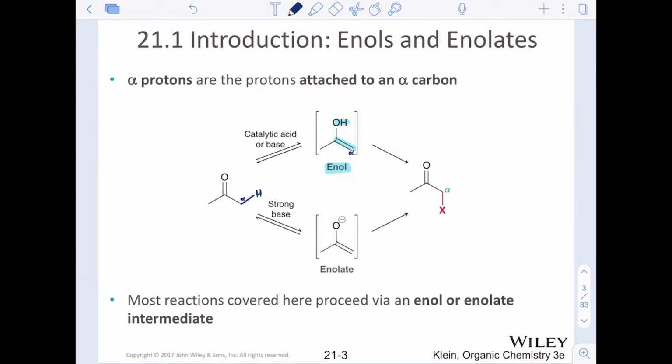If we use a strong base though, we actually can get a deprotonation of the alpha carbon, which creates an enolate. Notice again, the pi bond is there between the alpha carbon and the carbon of the carbonyl, but instead of an alcohol, we have an oxygen with a negative charge. Most of the reactions in this chapter will proceed via an enol or an enolate intermediate.